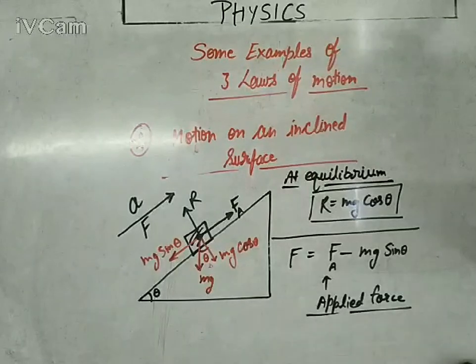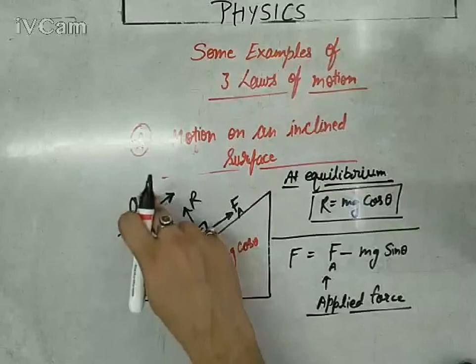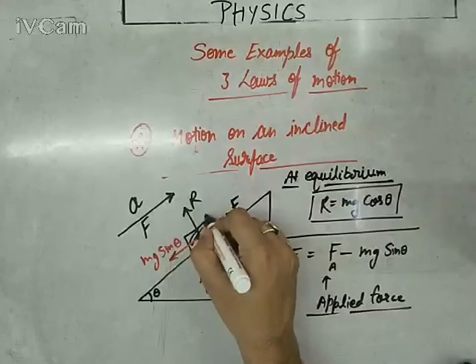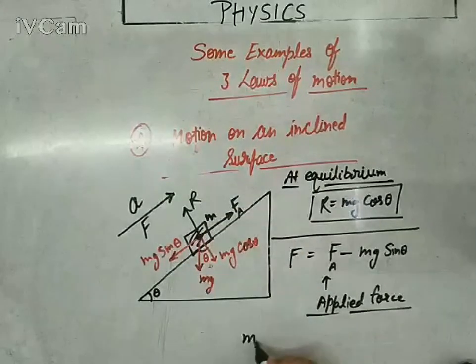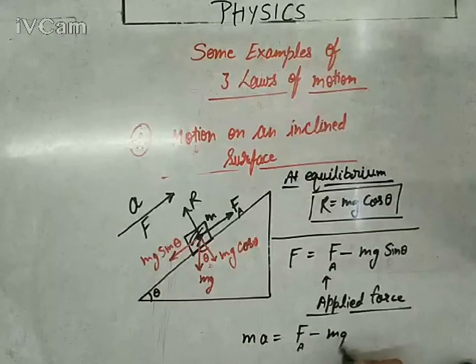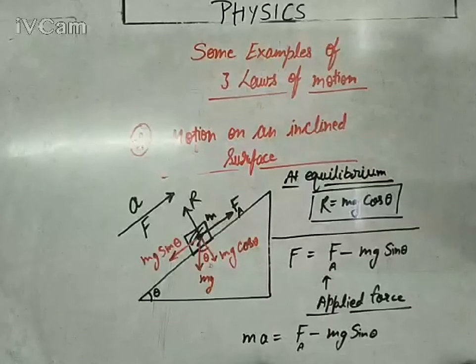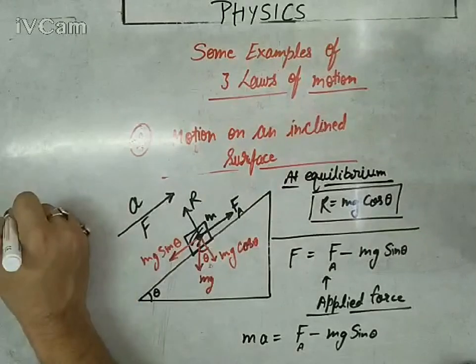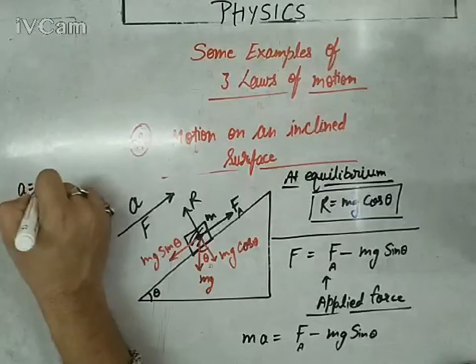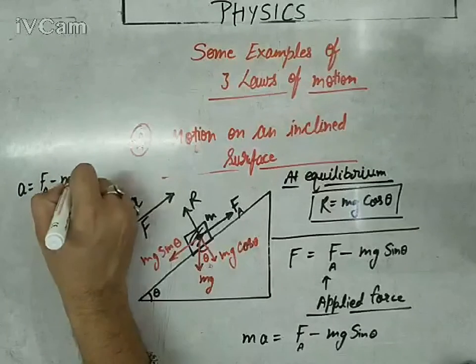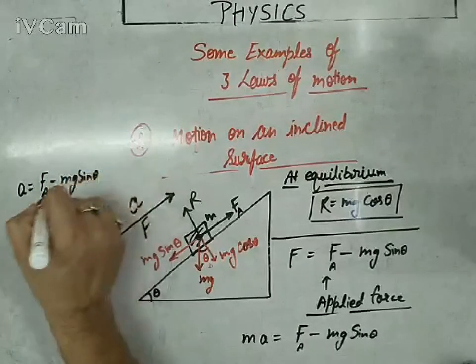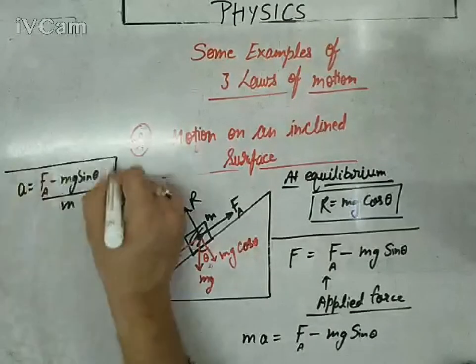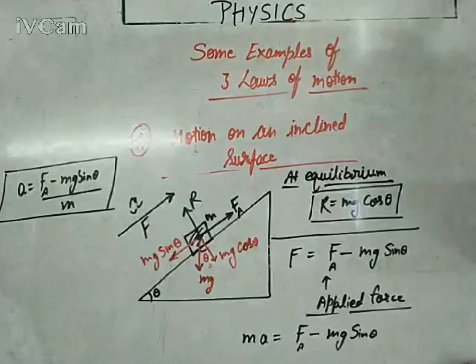So now the resultant force would be mass m of the body into acceleration, so you can say that ma equals Fa, the applied force, minus mg sin theta. Finally, a equals the applied force Fa minus mg sin theta, upon m, the mass of the body. It's your choice to solve this according to the given scenario.